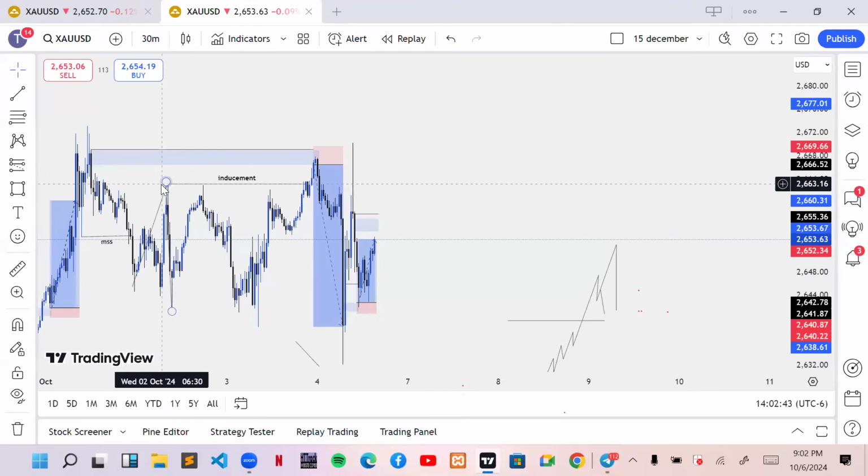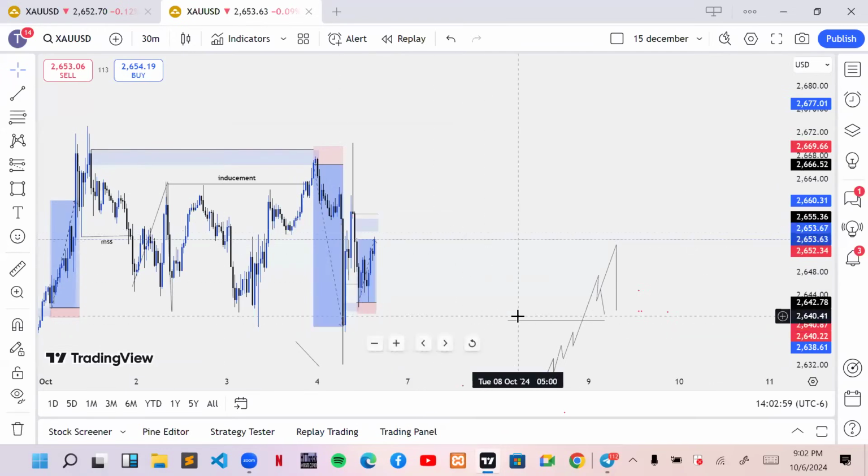It broke structure too. So this was the shift in market structure. After that, market made this pullback here that took market down to the zone it broke structure to. That is why I marked this one as my inducement. You can as well mark this one, it won't matter, but I picked the first one. I always pick the first one.